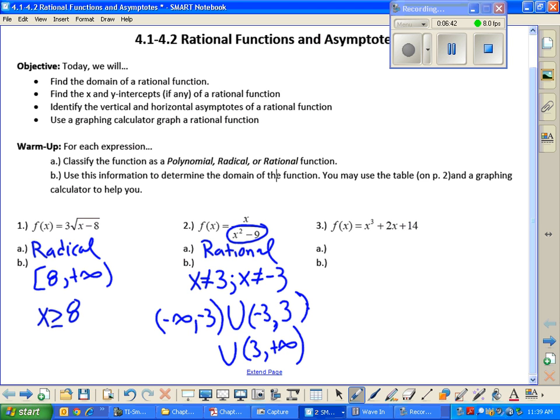Okay, last one. Brooke. No, not on part A. Because you are smart enough to use process of elimination. It's a polynomial.